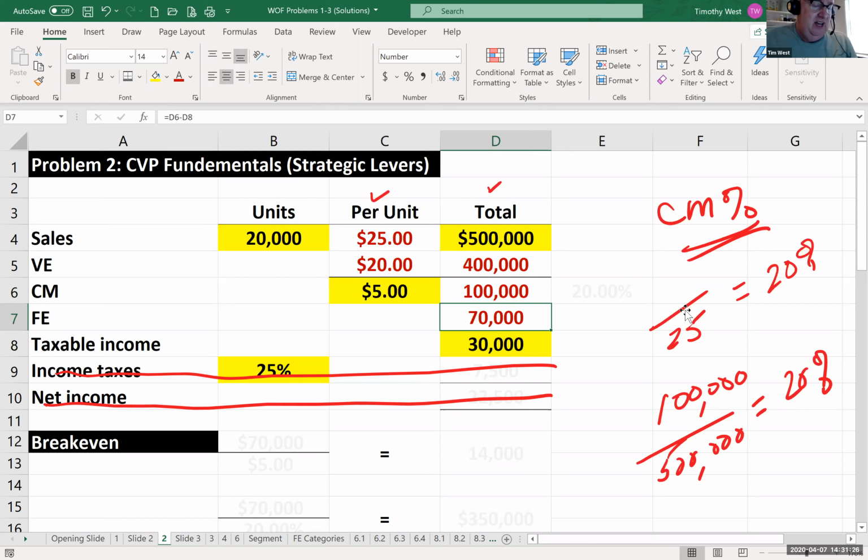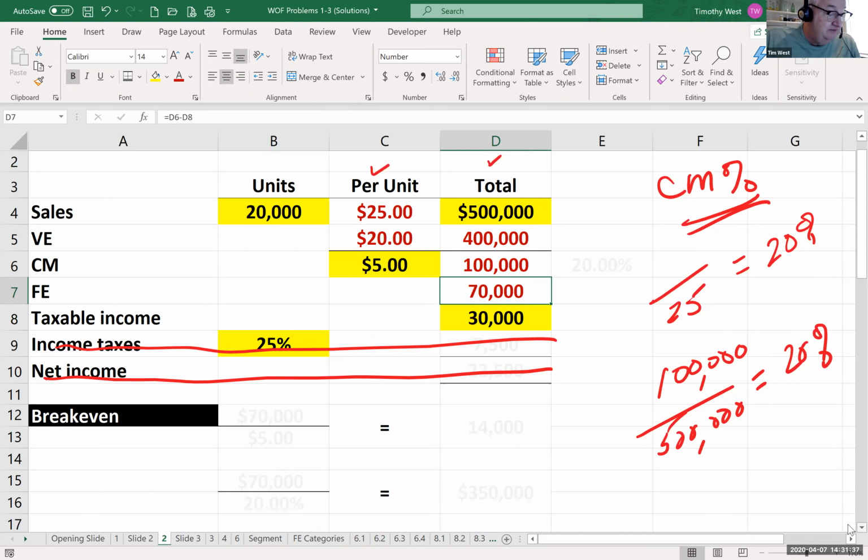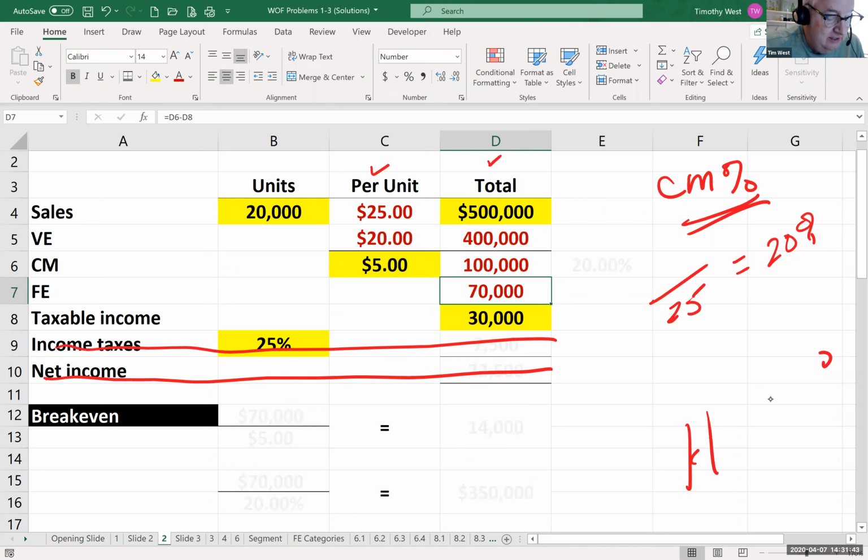Let's go ahead and go down to break even, because I will make sure that's on your exam. As I like to say, this is highly testable material.